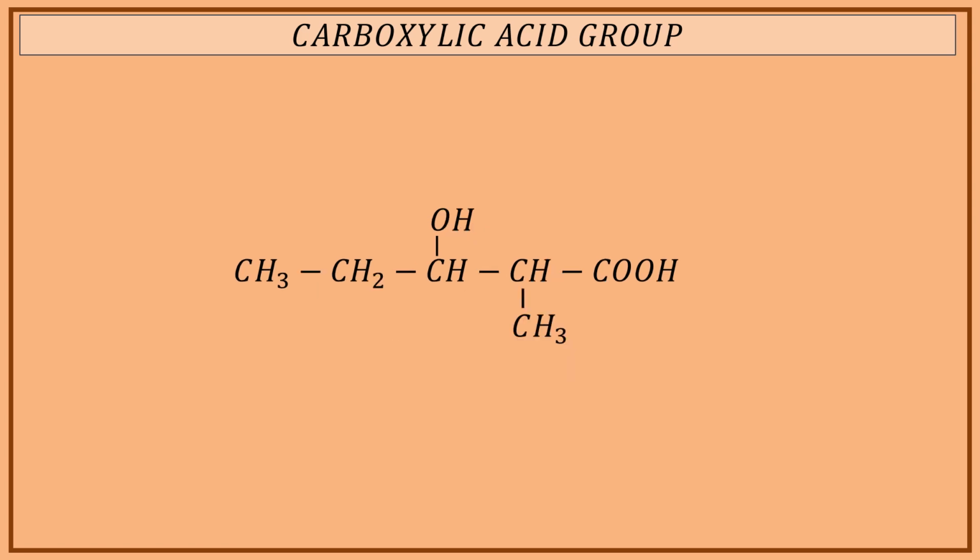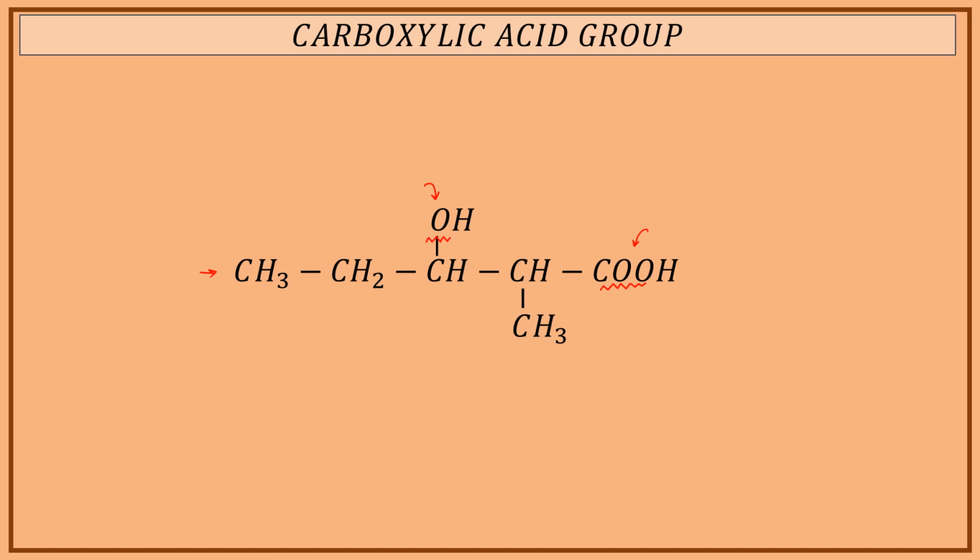Let us conclude our discussion in this video by having a brief discussion on this example. We have introduced an alcohol group along with the carboxylic acid group. So this is one of such cases where we find two functional groups present in the same organic molecule.